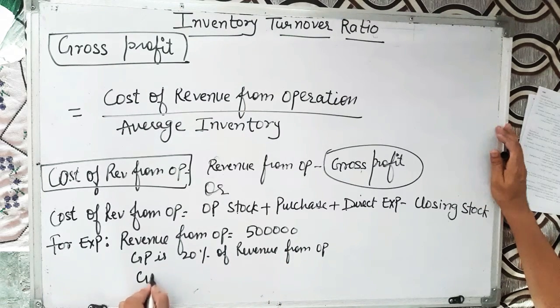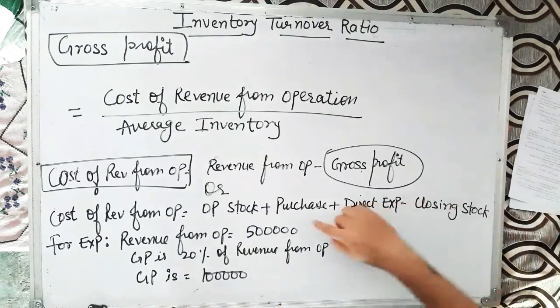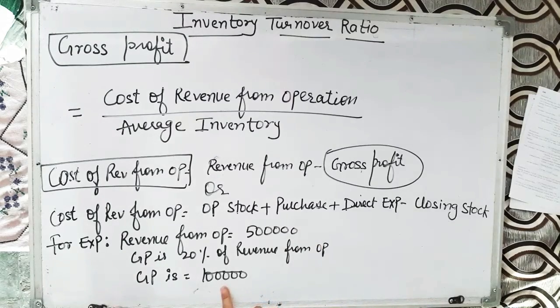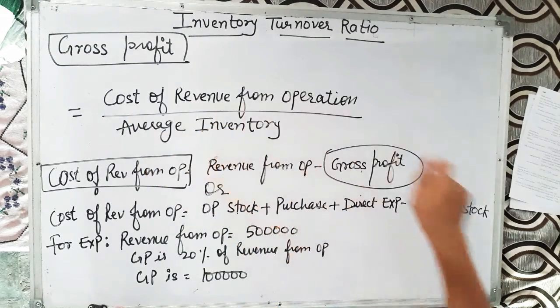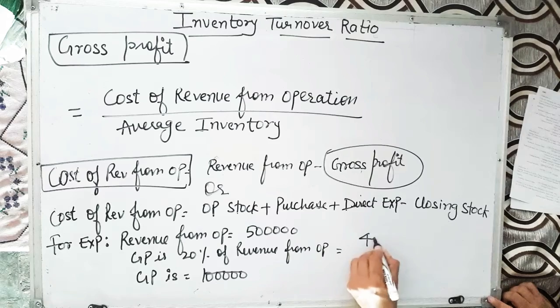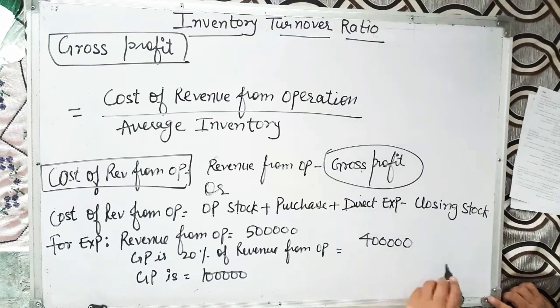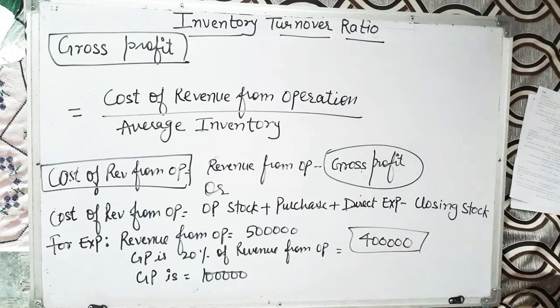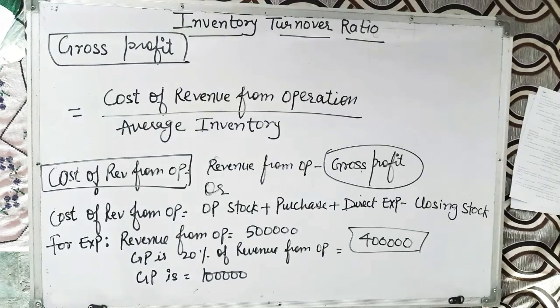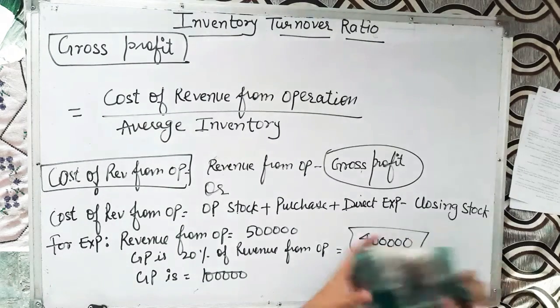So gross profit will be 1 lakh. Revenue is given, gross profit is given, so our cost of revenue from operation will be 4 lakh. Okay. So we will proceed from this topic.